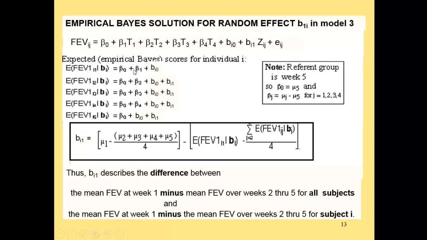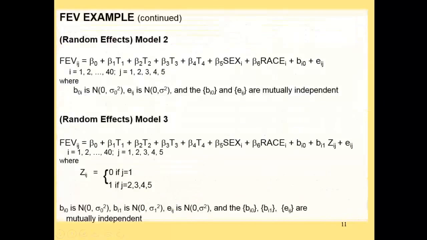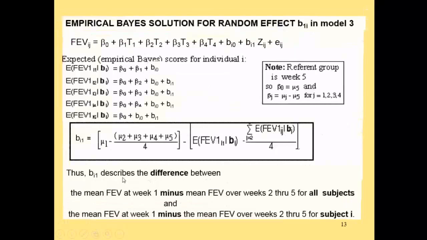Okay, for week 2, we swap out beta 1 with beta 2 because T1 becomes 0 in week 2, but T2 goes from 0 to 1. So now we've got beta 2 rather than beta 1, and we've got the random intercept, and now we've got this random slope here, because remember how Zij was defined. It's 0 if j is 1, so if it's week 1, and then it's 1 otherwise.